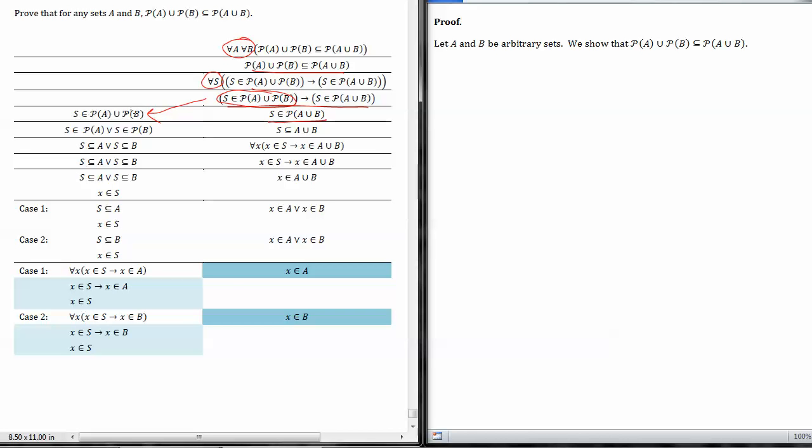And when we write down that new given, it might be nice to right away say what it amounts to, right?